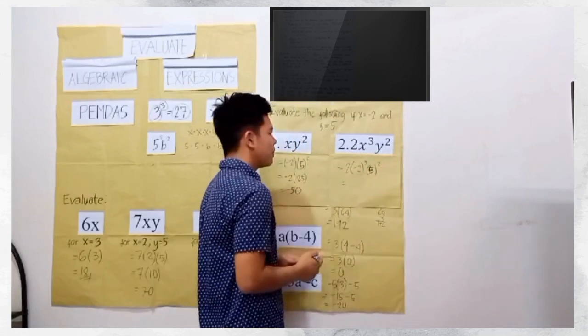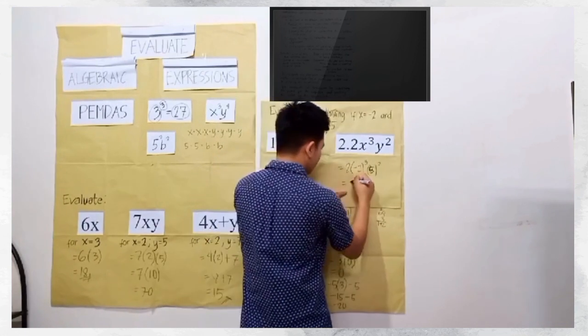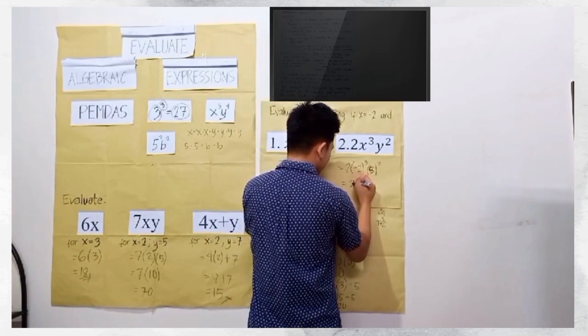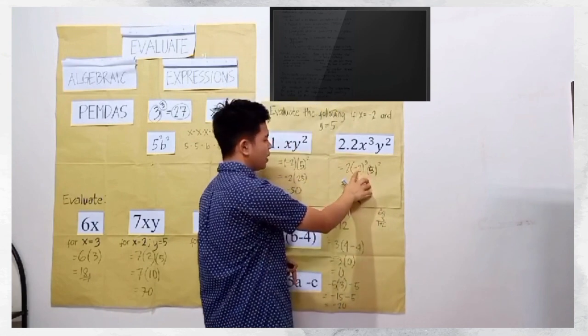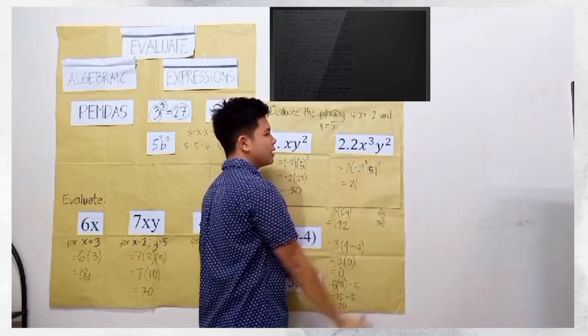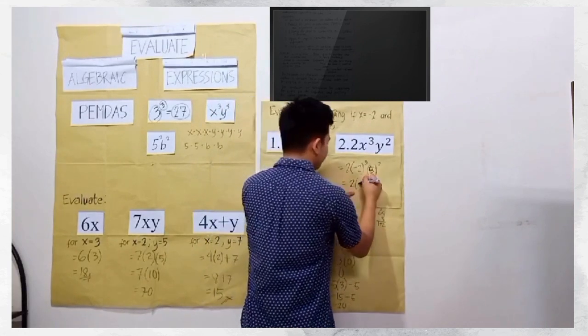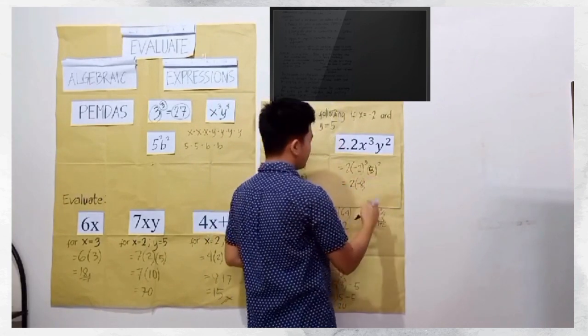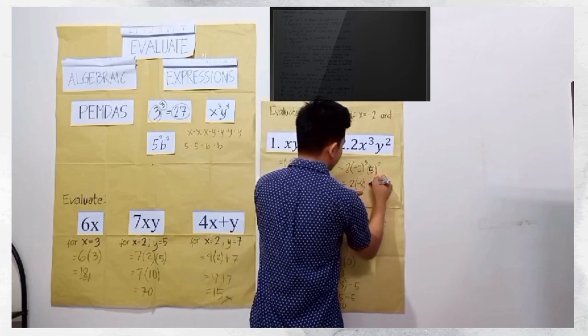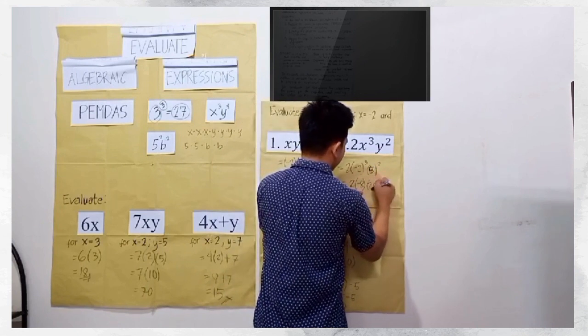Following the PEMDAS, 2 times negative 2 to the power of 3 is equal to negative 8. And 5 squared is 25.